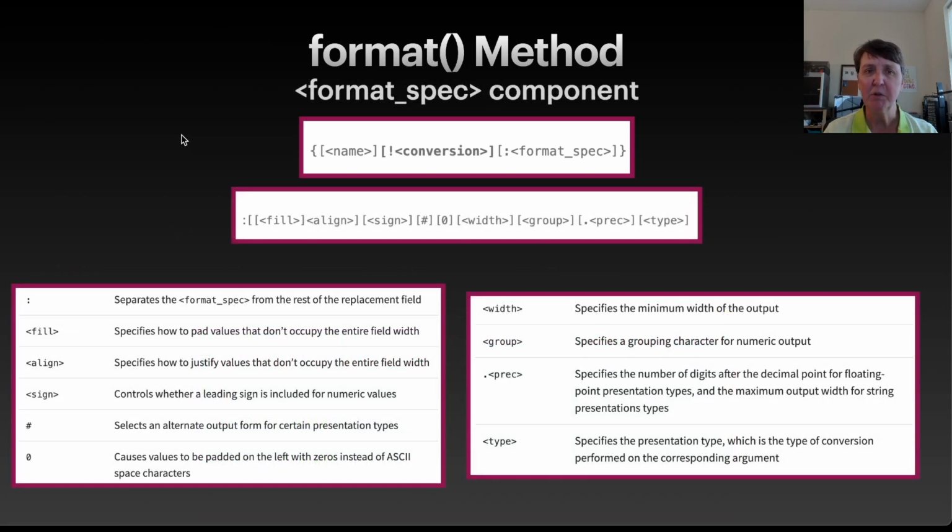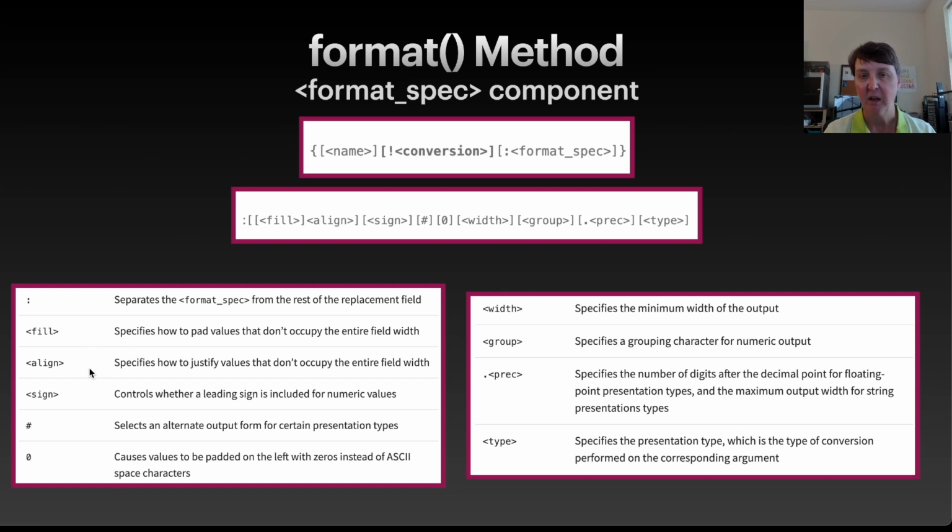Now we're going to go to the format spec part of this, and it can be broken down into several other items, and I have a table here which describes all of them. Just point out a few. We use the colon to indicate that here comes that part of the field, and we can discuss how we're going to fill the space if we ask for a width that's wider than our item will take.